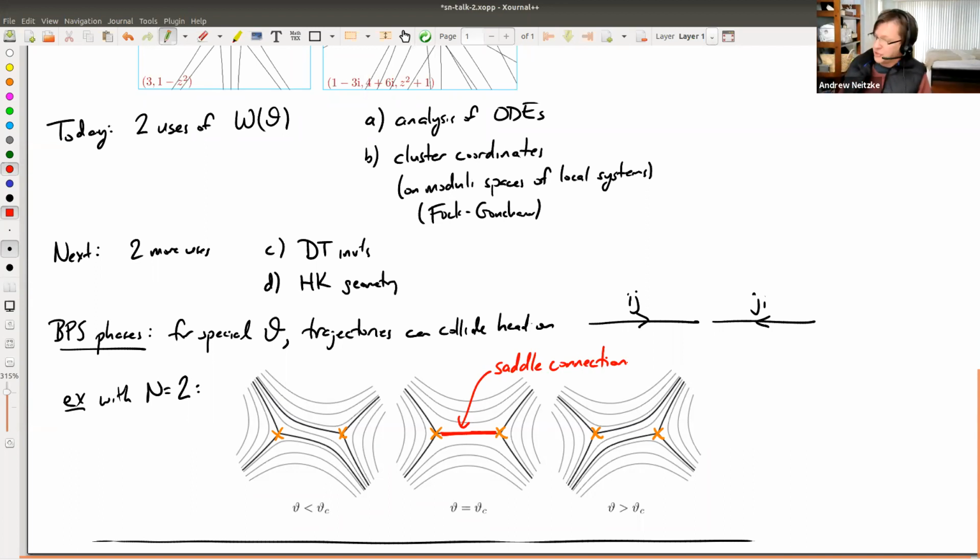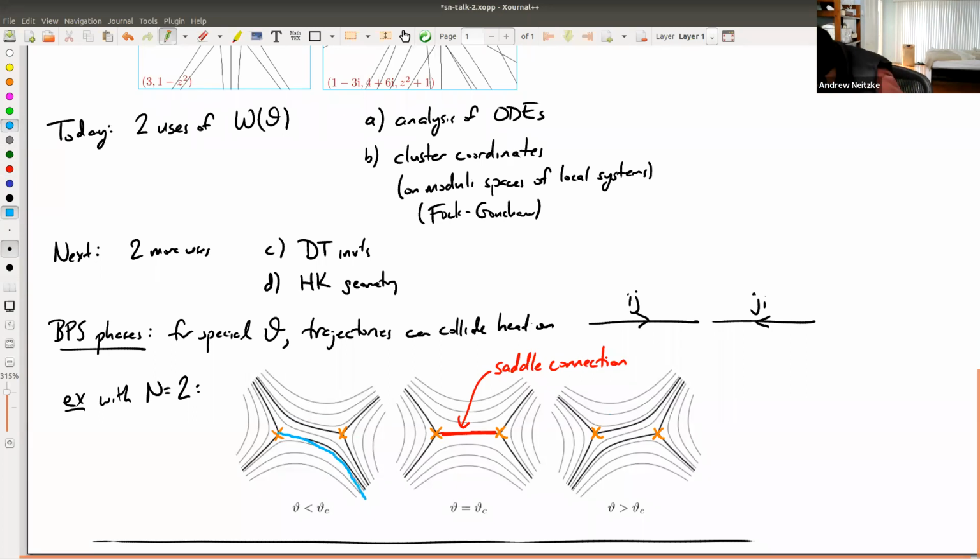And it'll show up in our story as a kind of discontinuity, because you see here that the topology of the spectral network abruptly changes at the moment when you cross the saddle connection. So for example, before crossing this critical phase, we have a trajectory that goes this way.